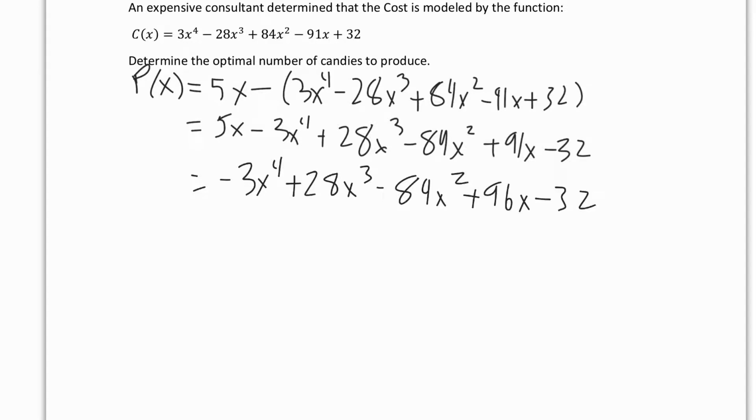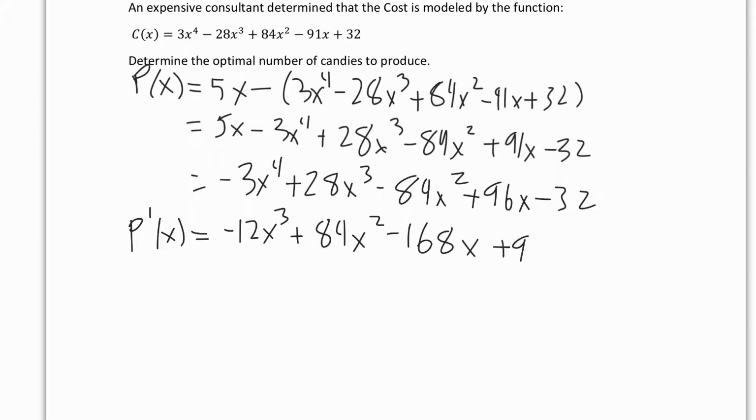All right, our goal is to find the maximum, which means we need to take a derivative. So we're going to get negative 12x cubed plus, well, 28 times 3, that's going to be 84x squared, minus 84 times 2, that's 168x, plus 96, and the 32 is gone.